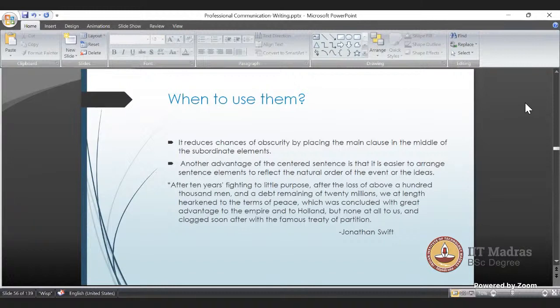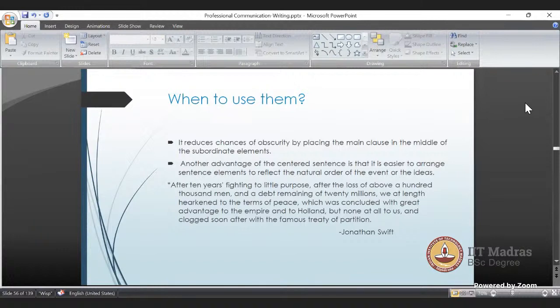And if you look at it carefully, they all come in the sequential order also. Okay. Look at it. They begin from what has happened first. So what happened? There was a fighting that happened for 10 years. They lost it. What did they lose? They lost 100,000 men, and then it was followed by a debt of 20 million, right?